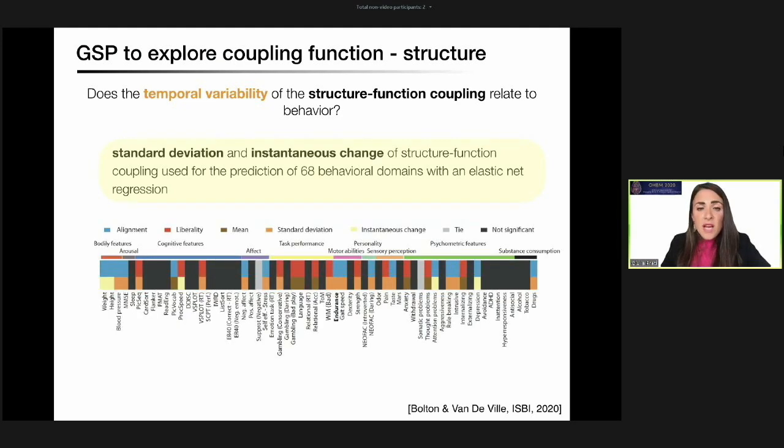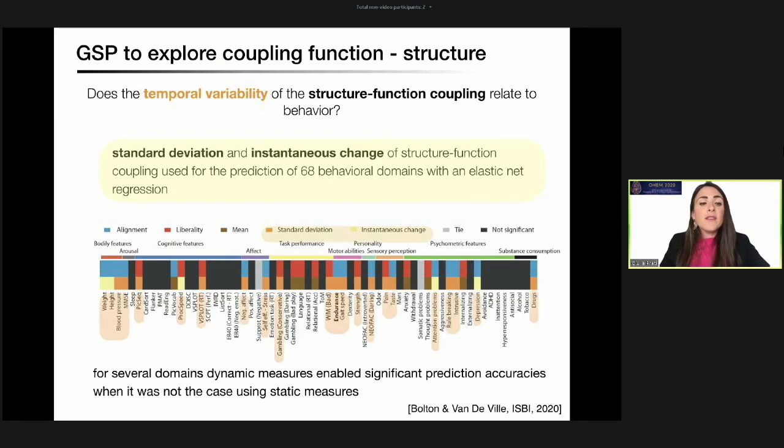What was found is that for several domains, dynamic measures in the form of the standard deviation and instantaneous change could significantly predict behavior, with prediction accuracies much higher than was possible with static measures. So it is still a preliminary result, but very promising for future analysis.